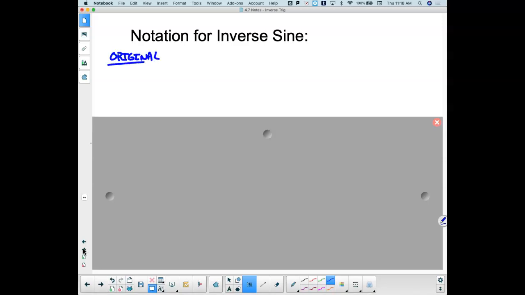My inverse, we have two different ways to write the inverse. The first way is the one you call angle finders in geometry.